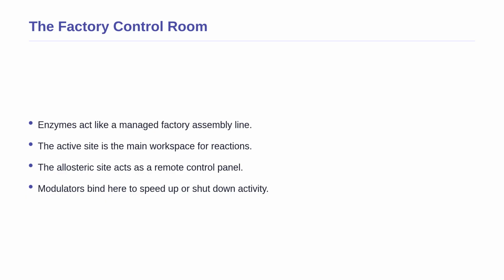In our cells, allosteric enzymes work exactly like this managed factory. They have a main workspace for the chemical reaction, but they also feature a separate remote control panel called the allosteric site. This incredible design allows our bodies to tightly regulate biological processes rather than letting them run out of control.